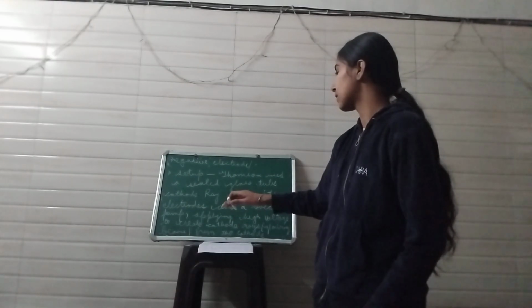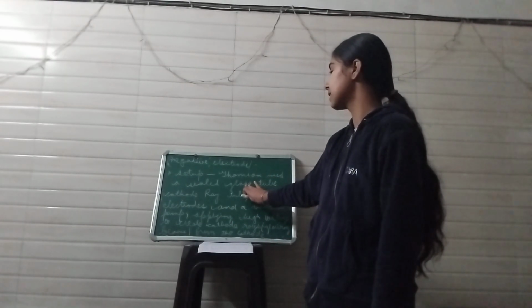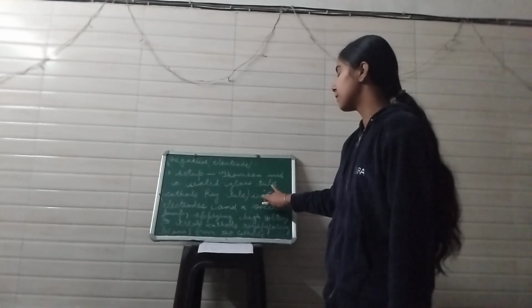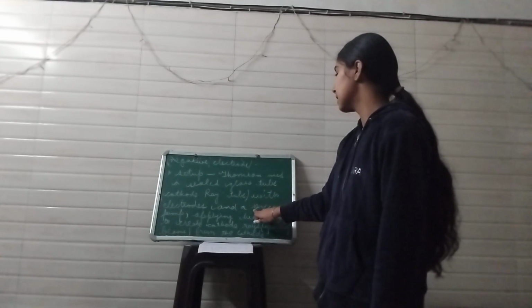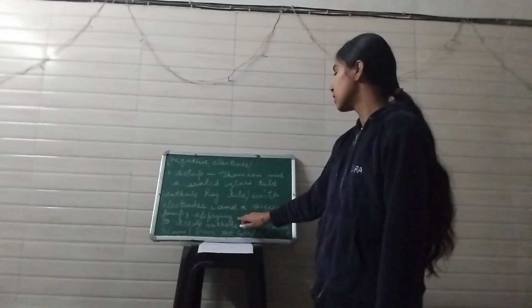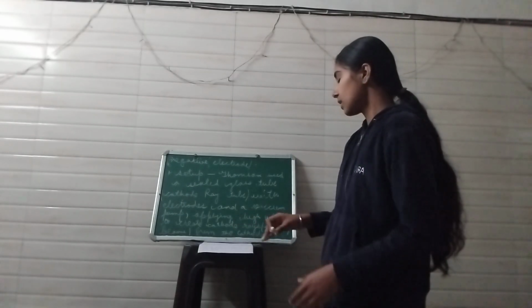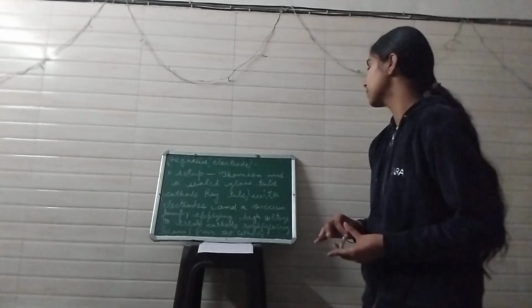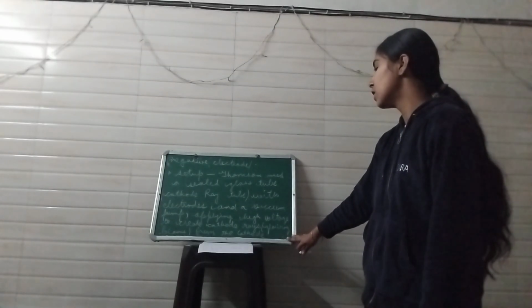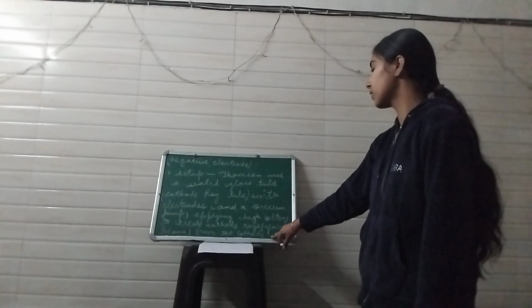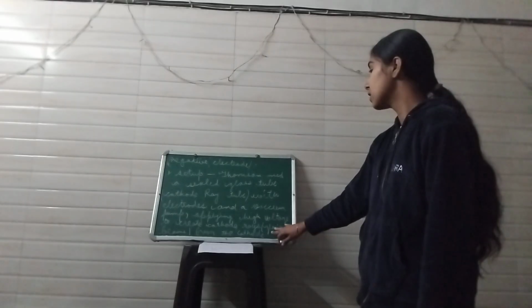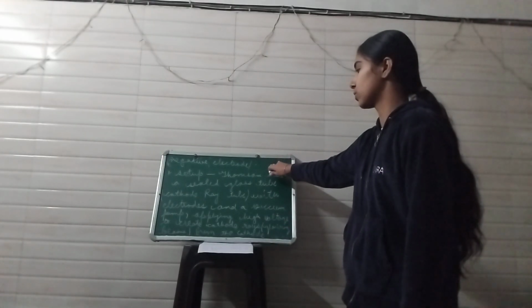High voltage was applied to create cathode rays, producing glowing beams from the cathode. The cathode is the negative electrode. So this is the full setup of the cathode ray experiment by J.J. Thomson, which is the discovery of electrons.